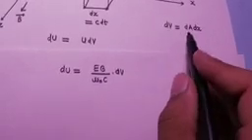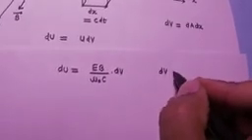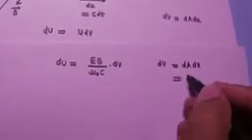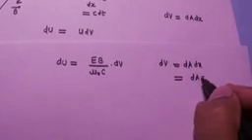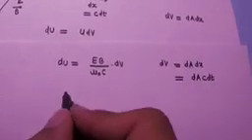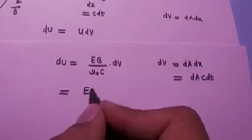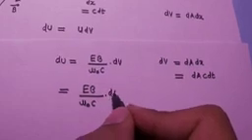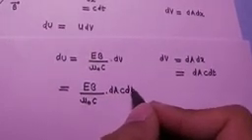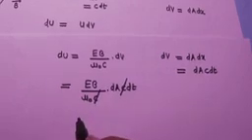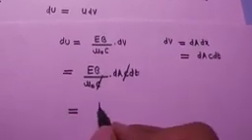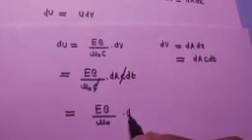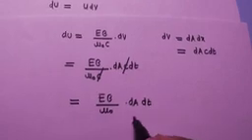Now we put the value of dV, which is equal to dA into dx. dx is nothing but c dt. So this becomes EB upon mu naught c dA c dt. c cancels with this c and this becomes EB upon mu naught into dA into dt.